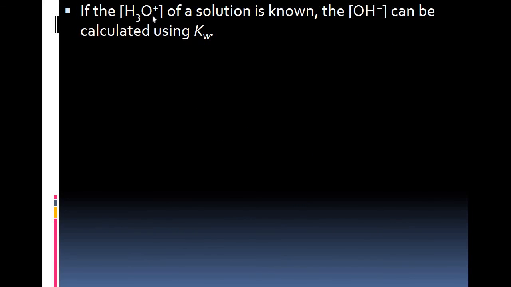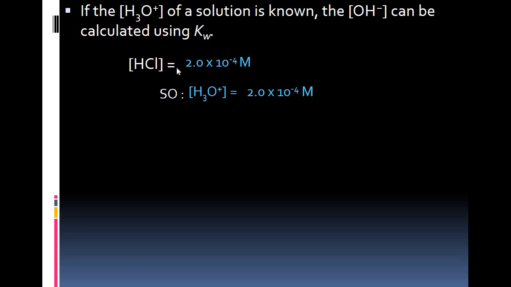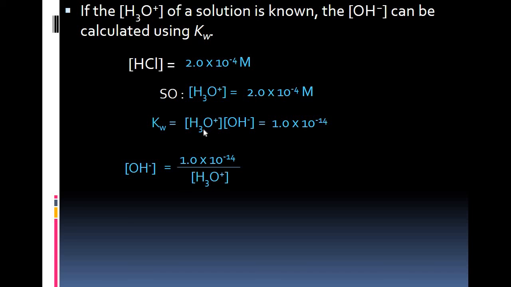All right, if you have the hydronium ion concentration in the solution, the hydroxide ion concentration can be calculated, and you can also use Kw. HCl, we know it's monoprotic, so our hydronium ion concentration is going to be the same. Use our Kw equation, 1.0 times 10 to the negative 14. We're going to divide both sides this time by hydronium.